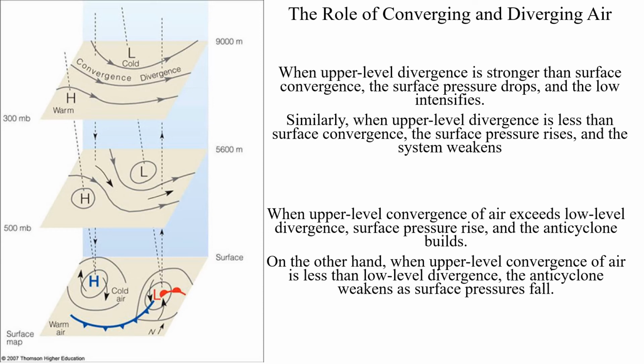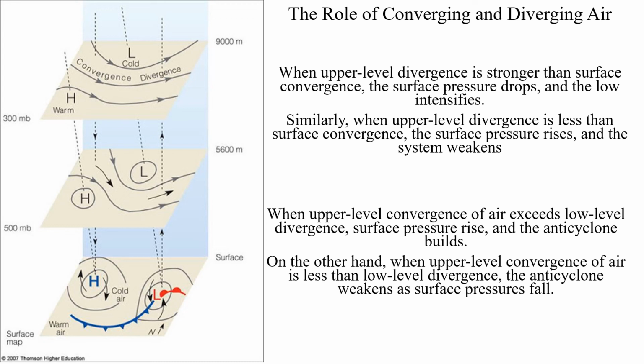This convergence causes an accumulation of air above the surface high, which allows the air to sink slowly and replace the diverging surface air. So we can say now, when upper level convergence of air exceeds low level divergence, the surface pressure rises and the anticyclone builds up.